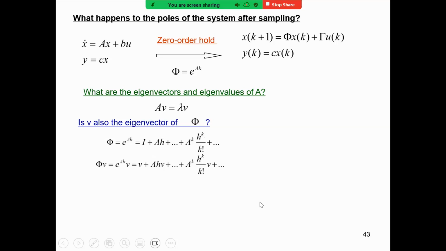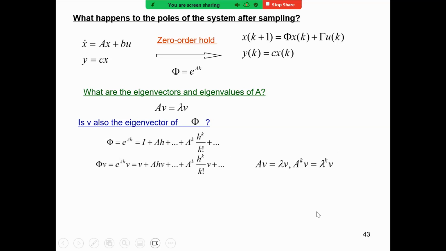Now, remember, V is the eigenvector of A. So therefore, A times V is lambda V. Because this one is a scalar, I can put it in the front. So therefore, we can compute A to the power of K times V as just lambda to the power of K times V, because V is the eigenvector.